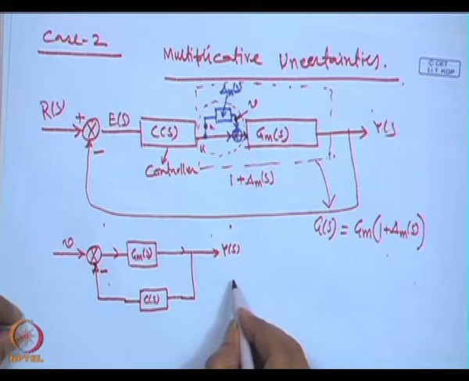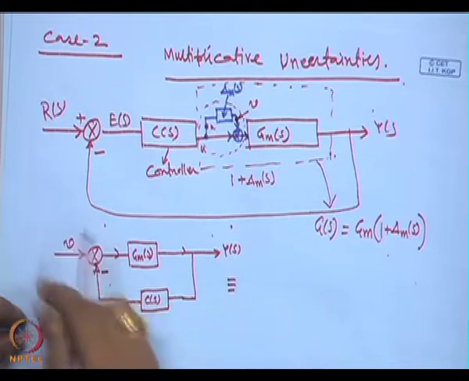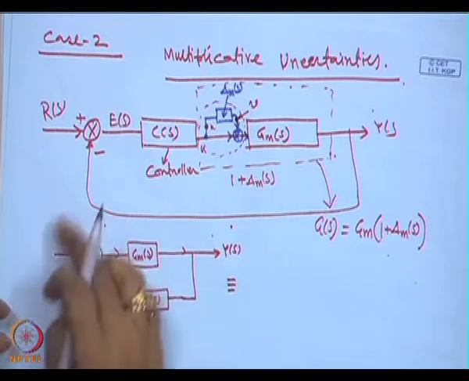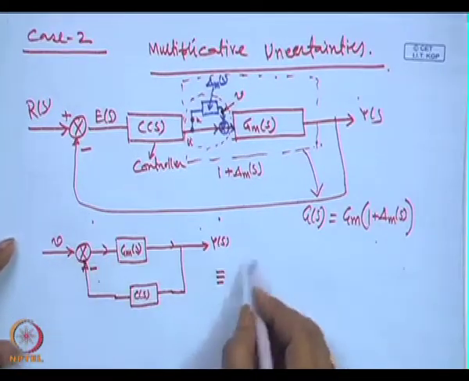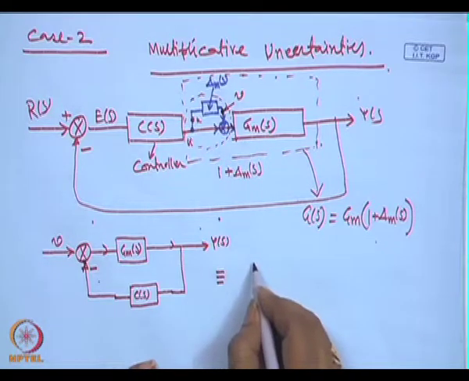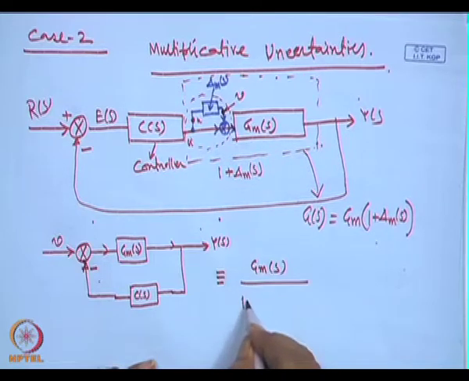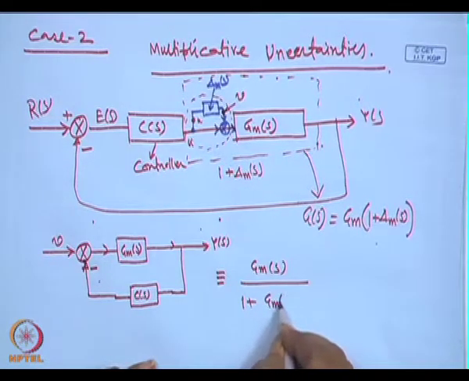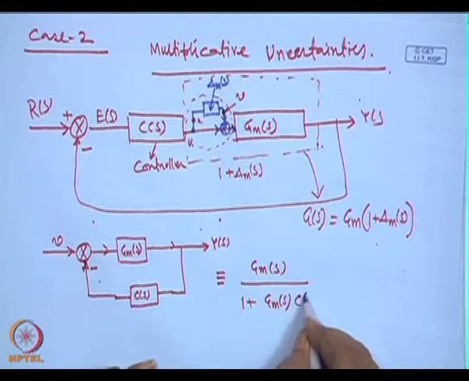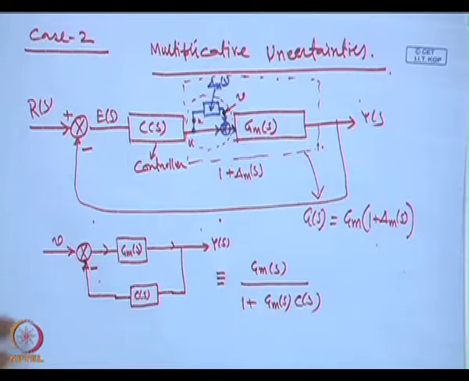So, what is this circuit? If you simplify this block, you will get it. This block is Gm(s) over 1 plus Gm(s) C(s).